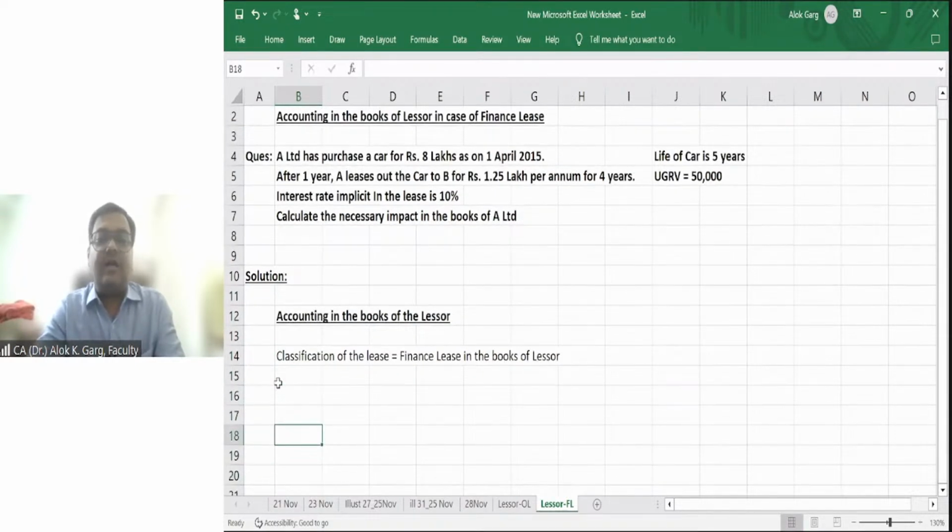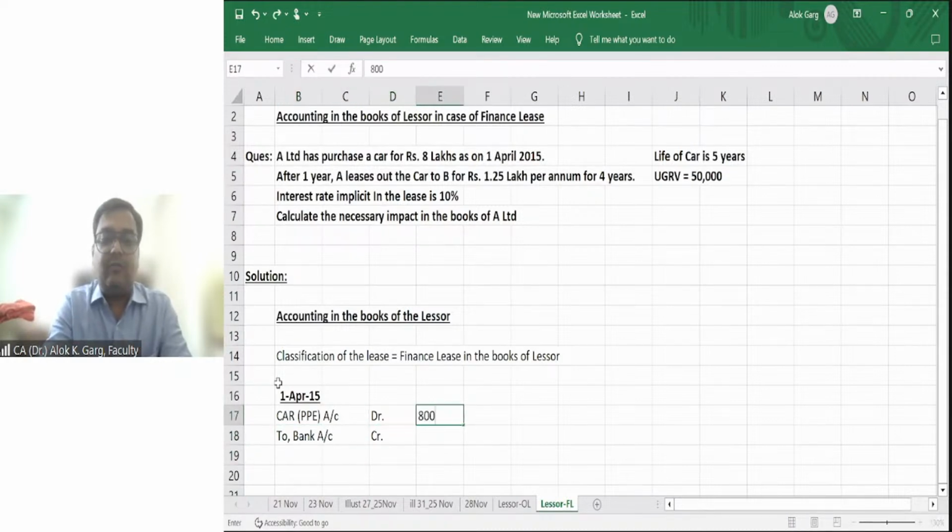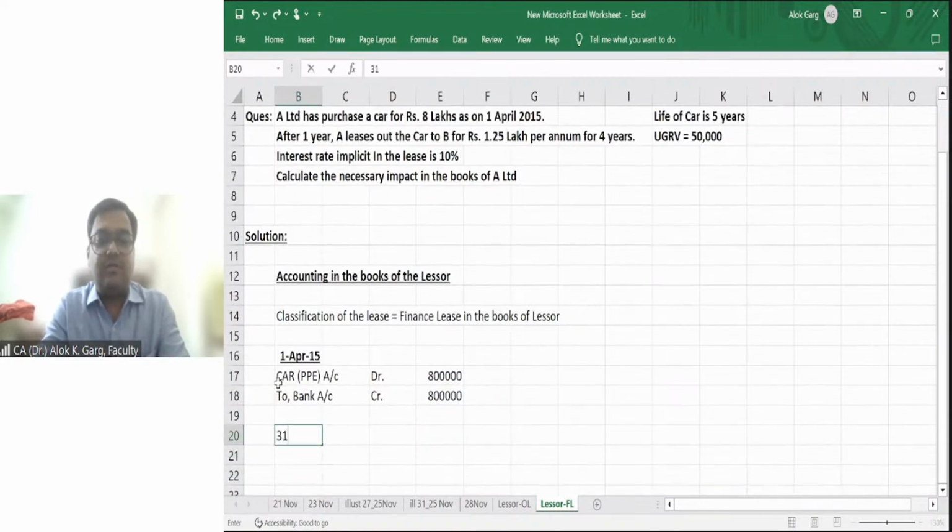Now let's do the accounting entry. 1st April 2015. What is the accounting entry on 1st April 2015? Car account debit, car PPE account debit to bank account. How much money has been paid? 8 lakh rupees. 31st March 2016.